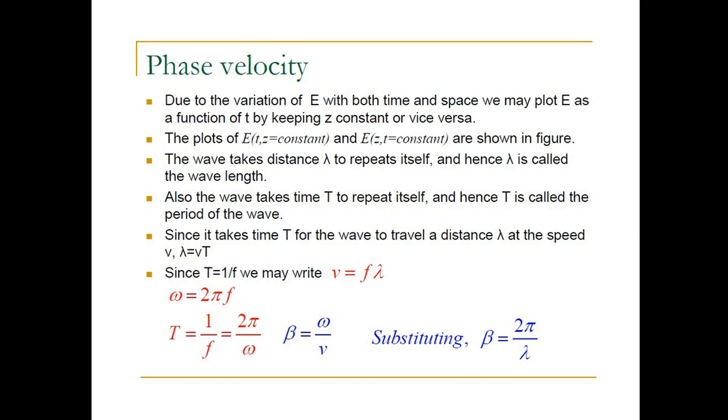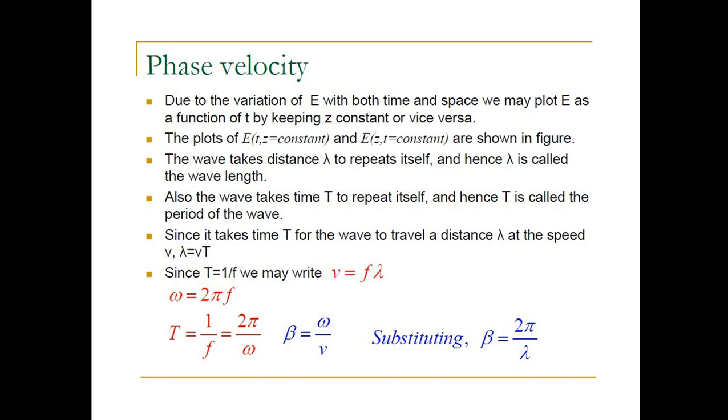Since it takes time T for the wave to travel a distance lambda at the speed nu, lambda is equal to nu times T. As we know, T is equal to 1 by f, so the speed of the wave is the multiplication of wavelength and frequency.